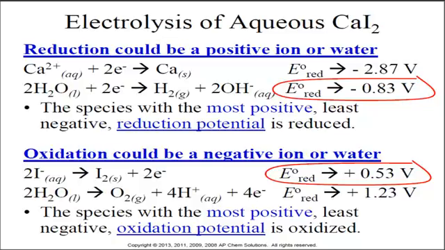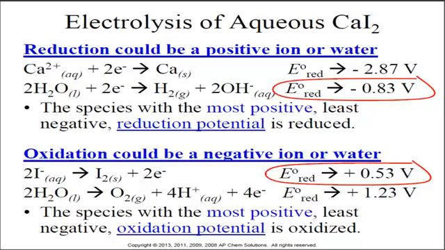So for reduction at the cathode, you have all positive ions and water available for reduction. The most positive or the least negative reduction potential represents the largest decrease in potential energy for the electron. For oxidation at the anode, you have all negative ions and water available for oxidation. The most positive oxidation potential will be favored at the anode because this is where your oxidation takes place.